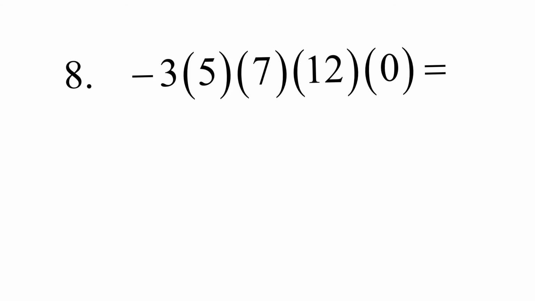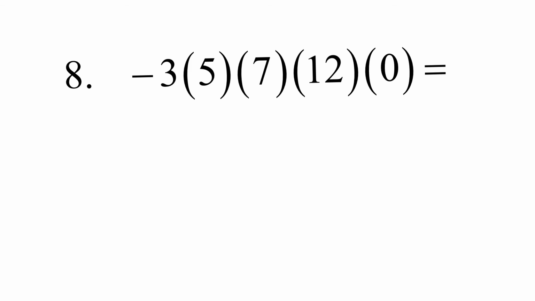But guys, you probably already saw it. We have a 0 at the end. So you're going to multiply from left to right, and then you multiply by the next number, and then you multiply by the next number. But eventually, you are going to multiply by 0. And anything multiplied by 0 will be, you got it, 0.